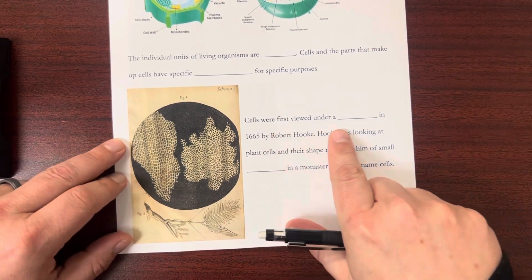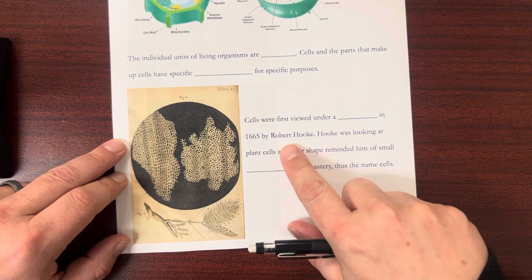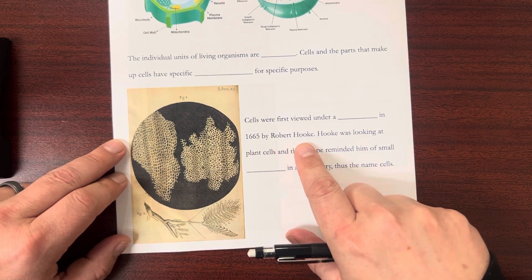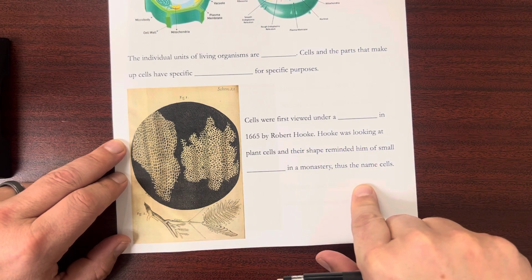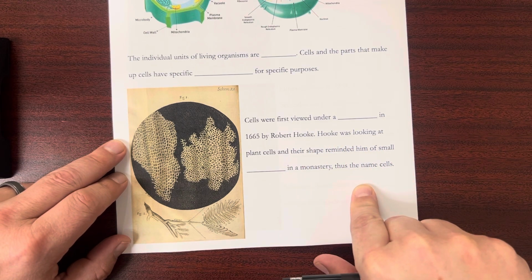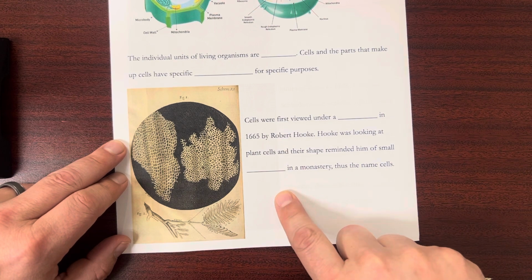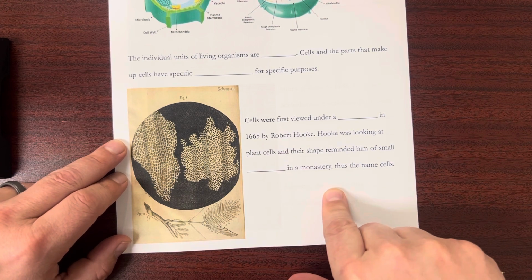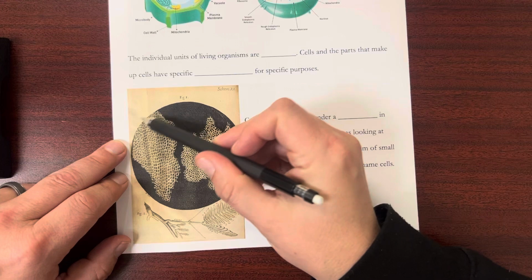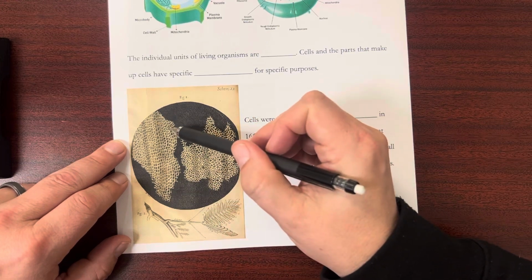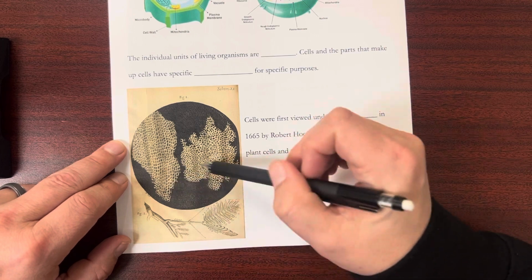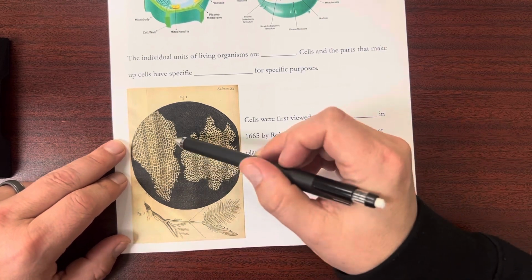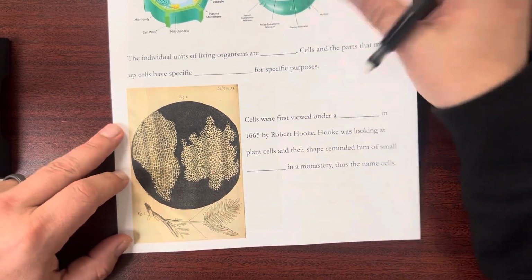Cells were first viewed under a microscope in 1665 by Robert Hooke. Hooke was looking at plant cells, and their shape reminded him of small rooms in a monastery, thus the name cell. And you can see it here. In plant cells, these are all lined up real nice and even, and it was very easy to distinguish the individual cells. All right, let's keep going.